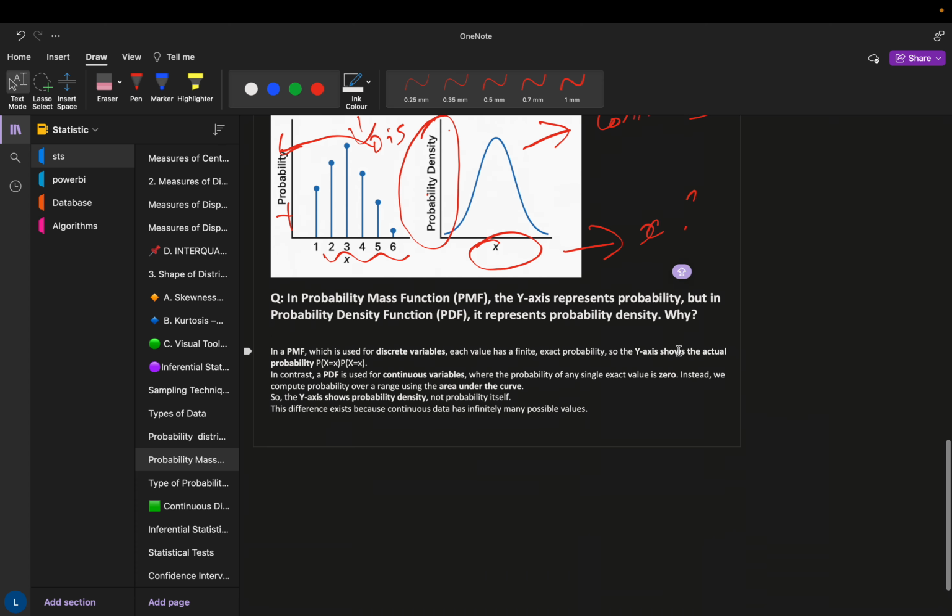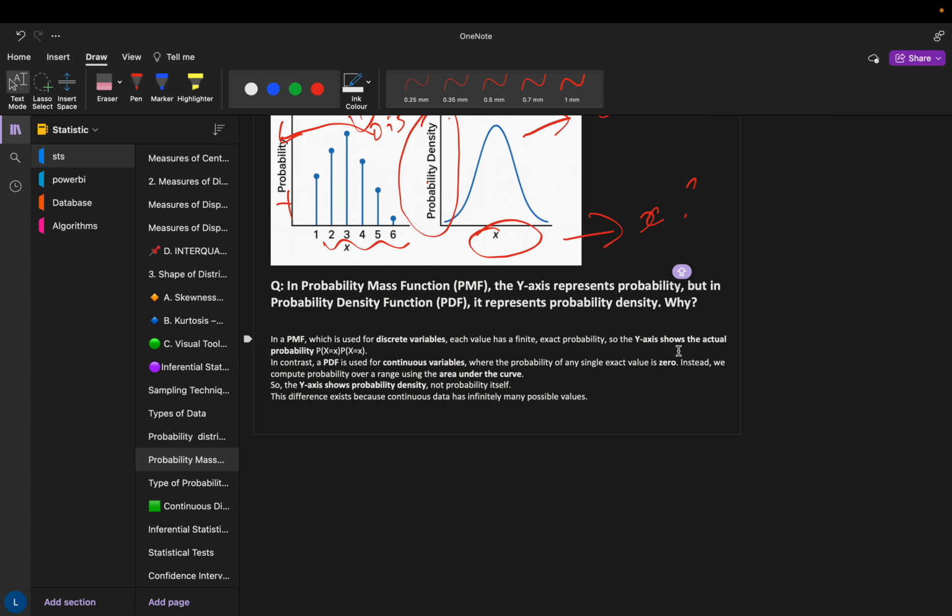Now, most of the time in interviews it is asked why, in probability mass function, the y-axis represents probability, but in probability density function it represents probability density. What might be the reason?